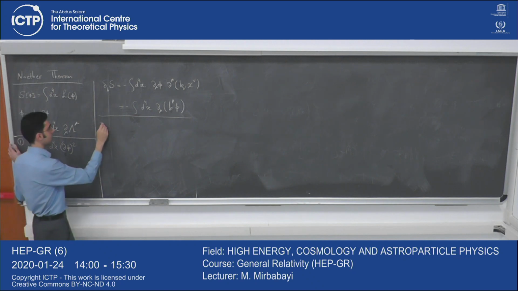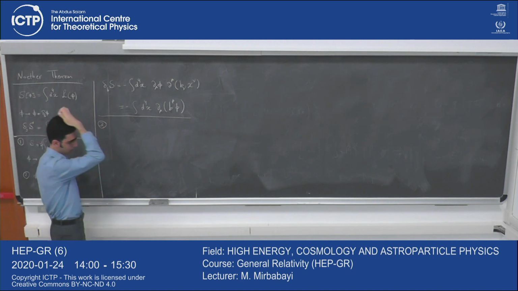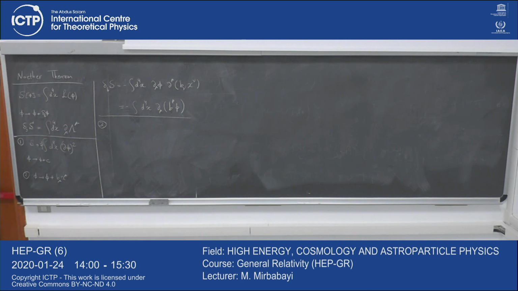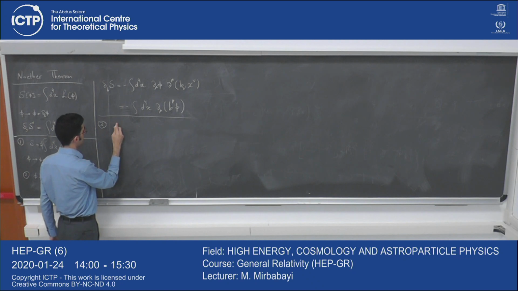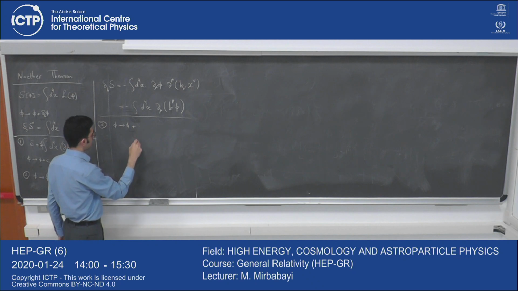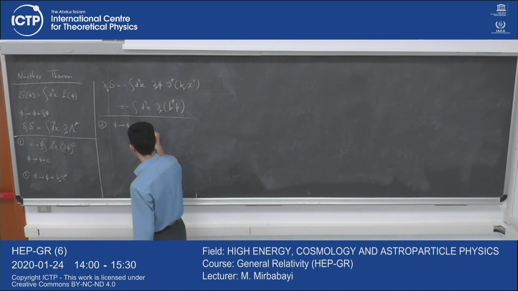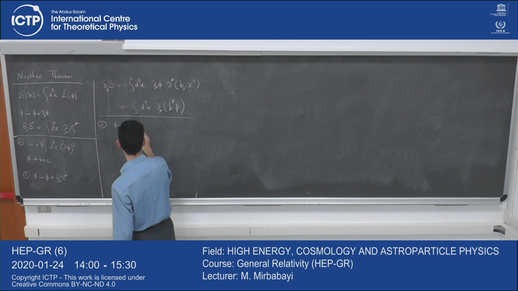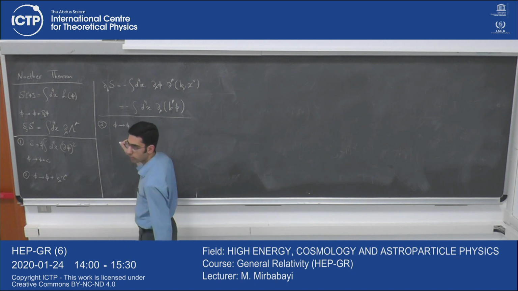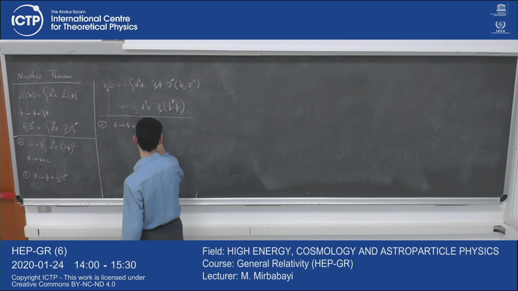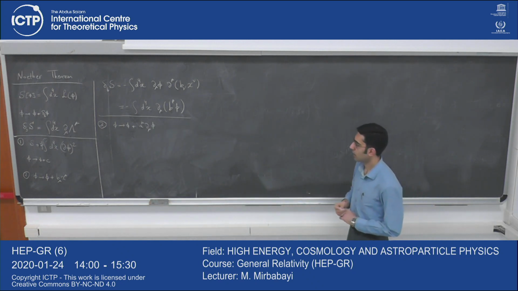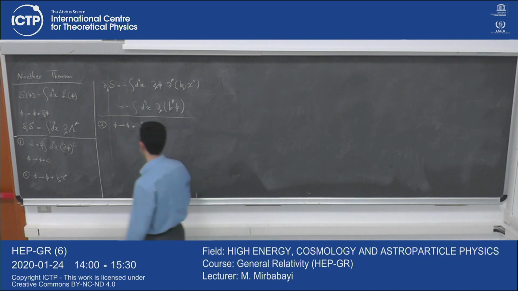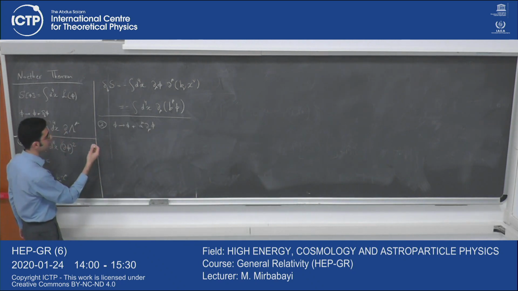Another example is space-time translation. So now I take phi to go to phi plus some constant four-vector a^mu times d_mu phi.